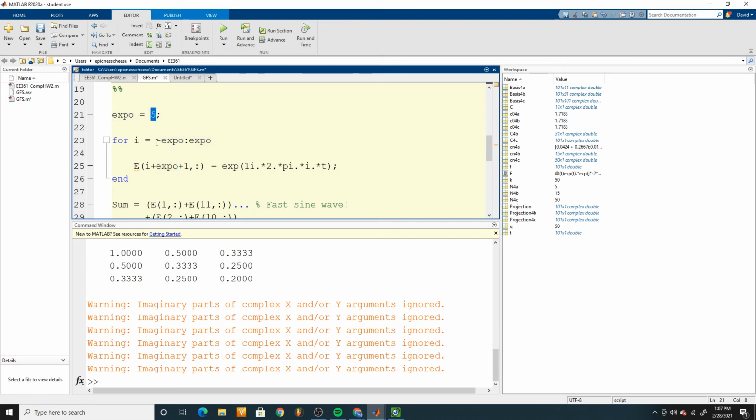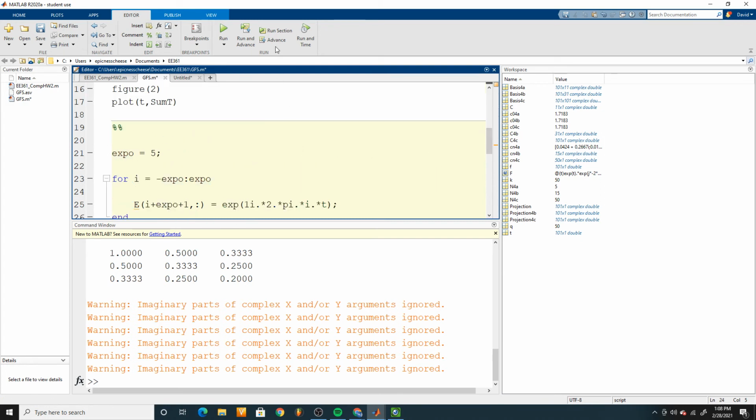We're having 5 of these exponential signals, so I just created these exponentials. I'm creating from -5 to 5 because I want the negative powers. So I literally created a vector of them. Let me just run that right here.